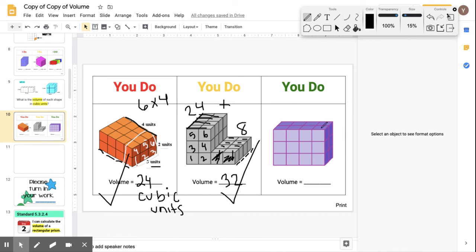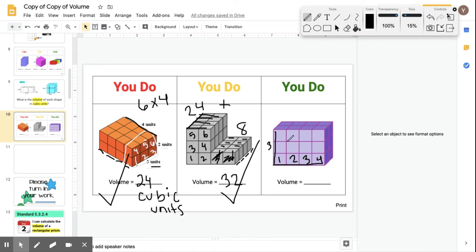Now on this one, again, you can count them individually, or we can continue what we've been doing. Let's count everything we have up front. 1, 2, 3, 4. So this is our length, 4. You could count up and say 1, 2, 3, my height is 3.